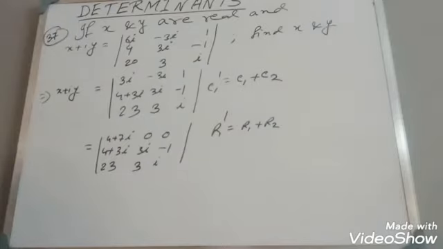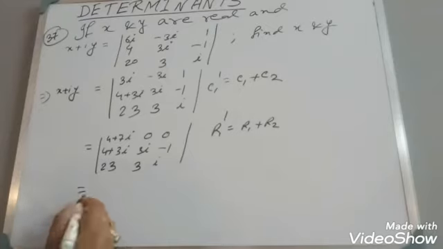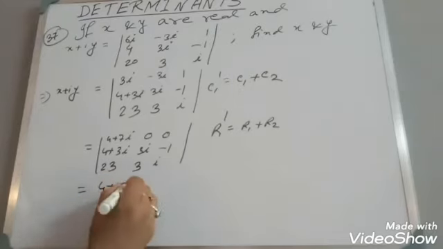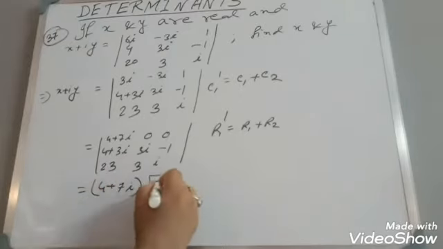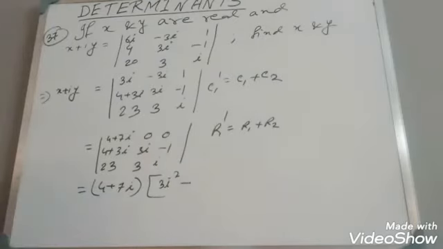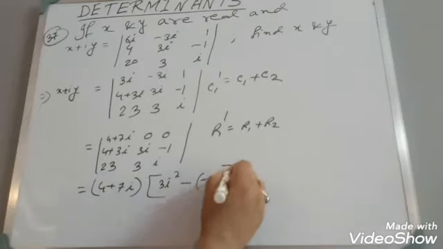Okay. Now again we will expand this with respect to the first row. Then what we will get? We will get 4 plus 7i into, 3i into i, that is 3i square, minus 3 into minus 1, that is minus 3. So it is coming minus of minus 3.